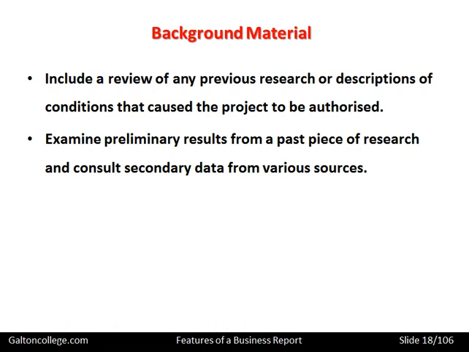So access to that material may be useful and much cheaper than trying to collect the information yourself. But examine the preliminary results from past pieces of research. That can certainly help to shortcut and cut costs on the current research, because it's possible to learn from the mistakes of the past. It's possible to learn from the way in which past research was conducted.